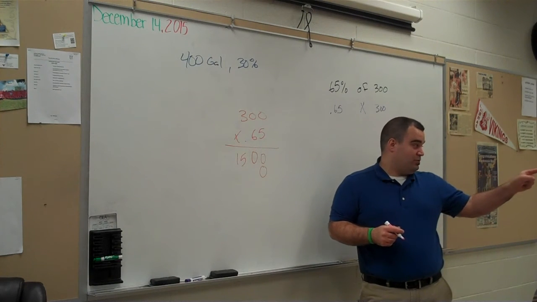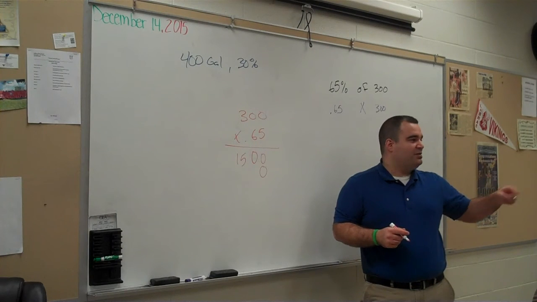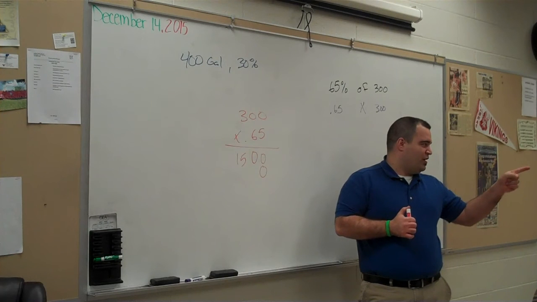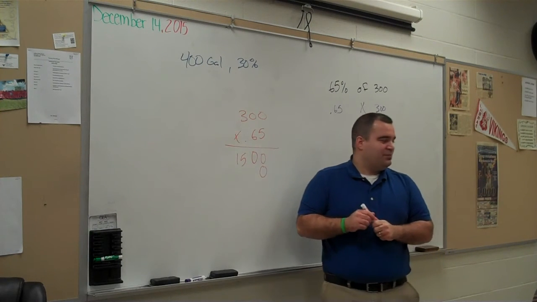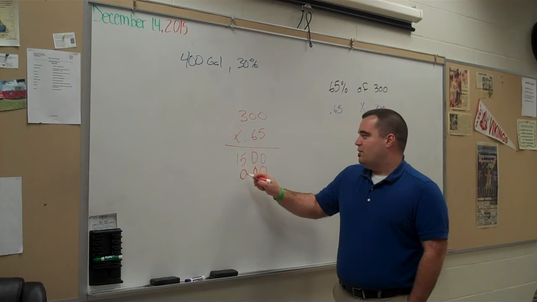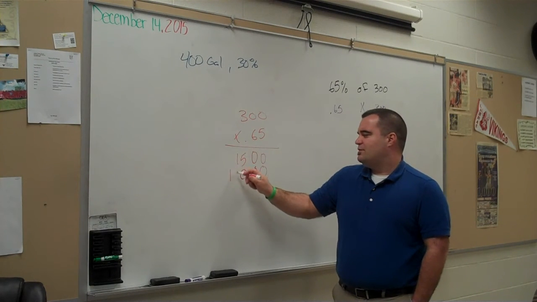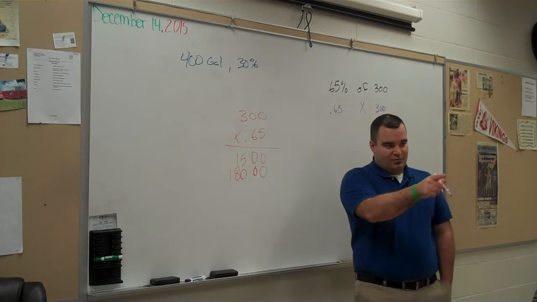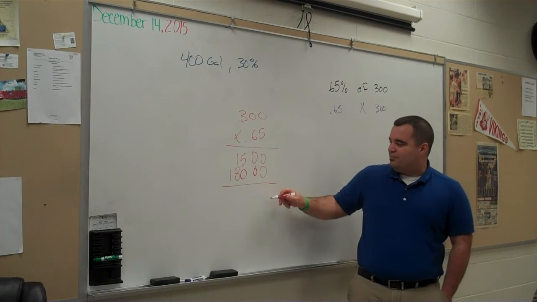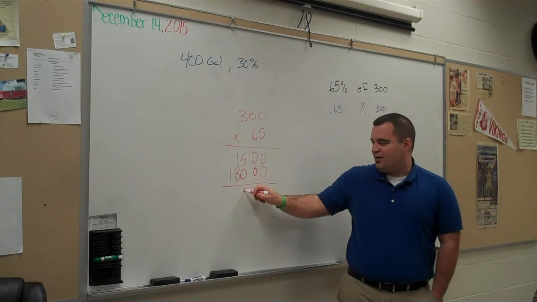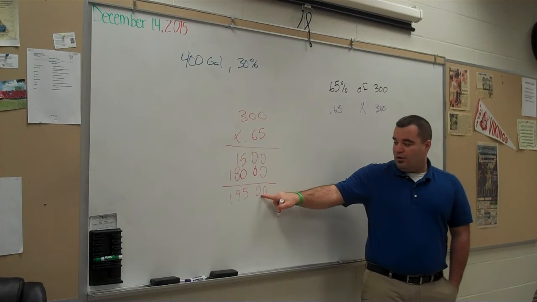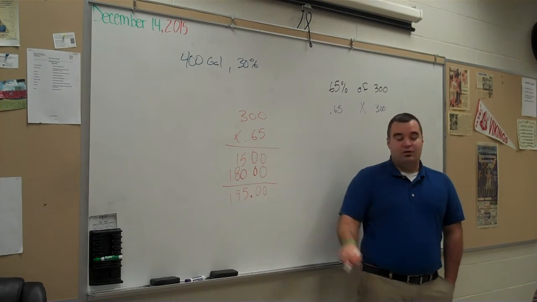I will break you on that habit. 0, 0. 6 times 3 is 18. You got that extra 0 in there now, right? Now we just simply add these up. 0, 0, 5, 9, 1. I have 2 decimal places, 1, 2. 195.